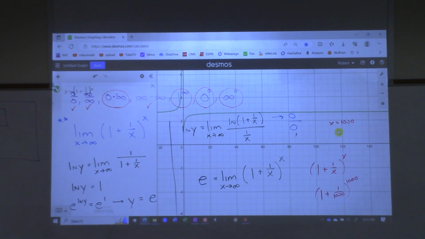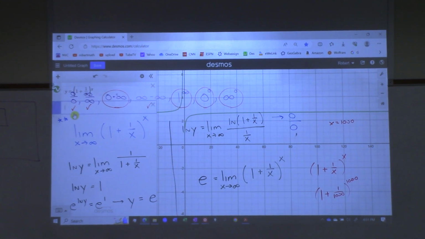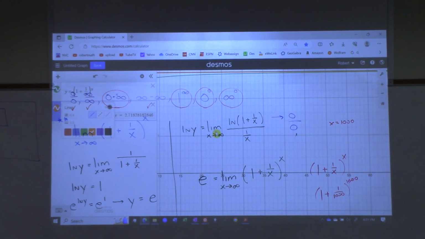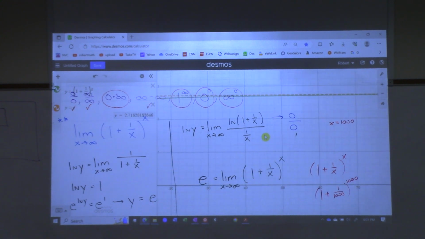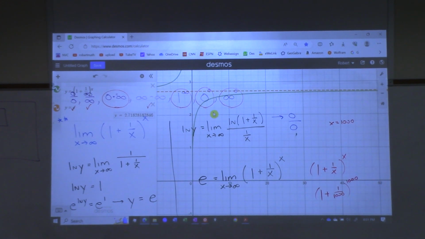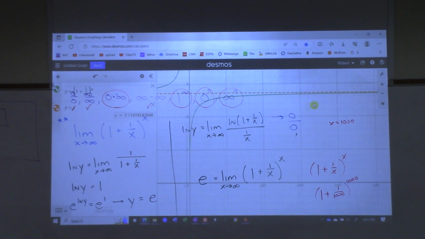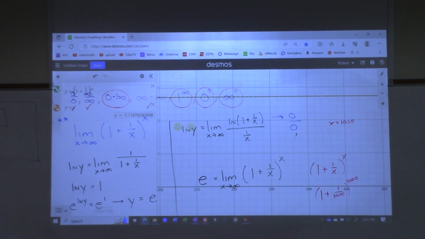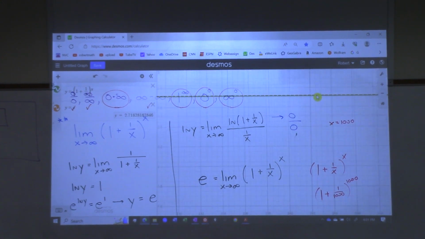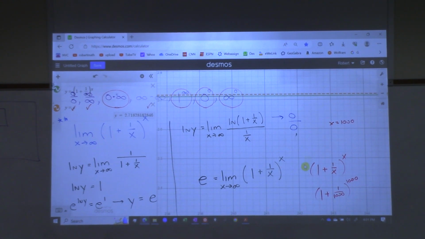Well, guess what I'm flattening out to? y equals e. I'll put that as a dotted line. So if I graph y equals e and zoom in, you can see that in the beginning it gets closer and closer, and the further out I go, the closer I get. If I zoom in, I'm not quite at e.